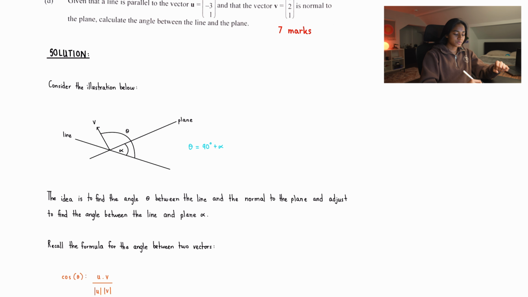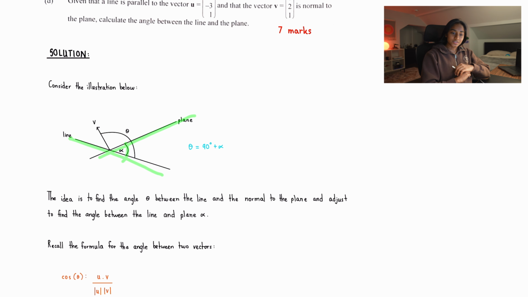So we're finding this. We're looking for alpha. However, we're going to use theta to be able to find alpha. When we find theta, we are going to use what we found from this illustration to find the angle we want, which is alpha, between that line and the plane.